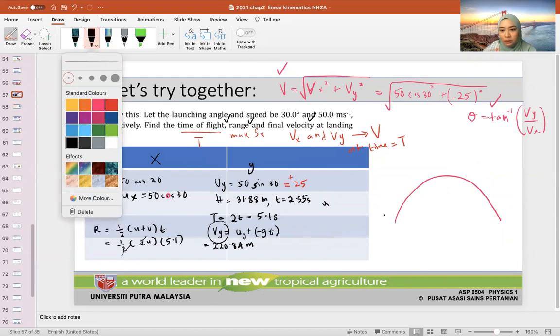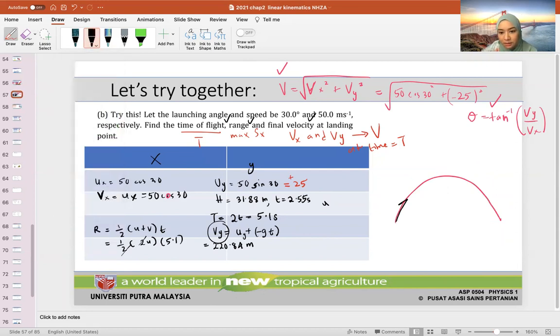And the information that we have is 50 meters per second, our U or initial velocity, and the angle is 30. And I told you at one point it will become V equals 0. And the V that becomes 0 is specifically Vy. At this point, the Vx is still Ux.